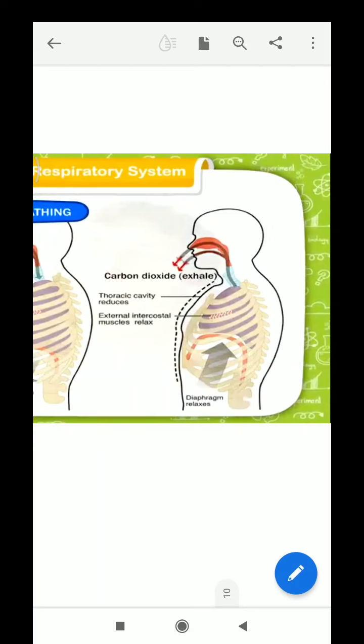Can you see? In the exhalation, the diaphragm is upward and it expands. Okay, so we read about your respiratory system, so you have to remember the respiratory organs and their functions. Okay.